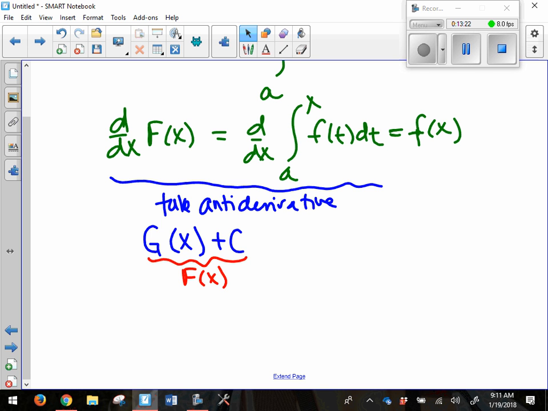So g of x is everything that f of x was unless there was a constant on the end. So it's the x cubed, but f of x is x cubed plus 4. But all I can get back is the g of x, which is x cubed. Make sense? You understand where I'm going here? And when I take the antiderivative of this part, I get my integral.